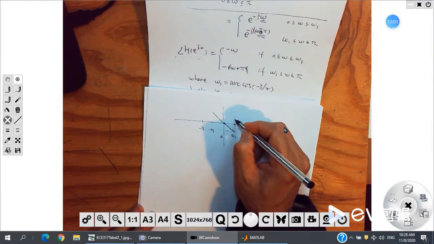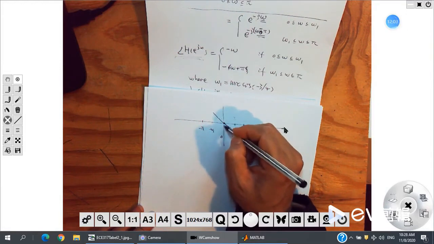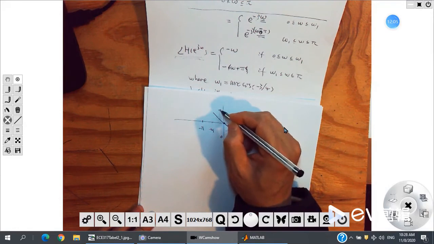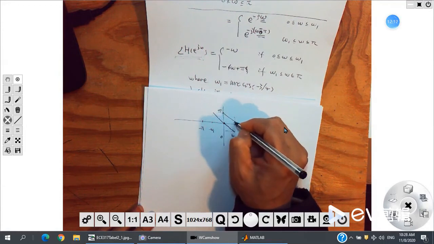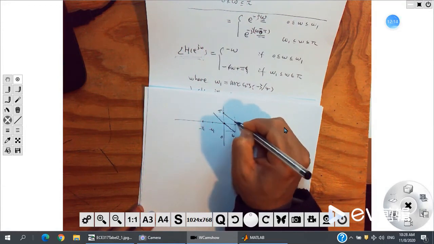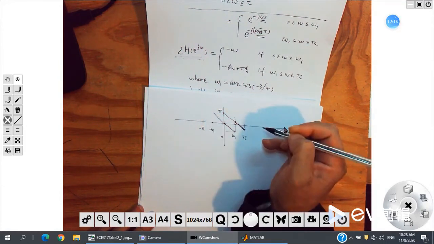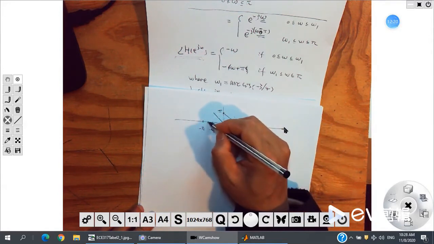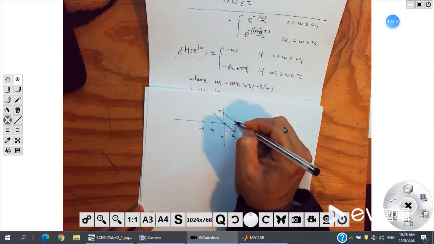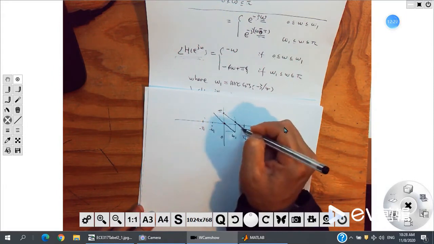Let me see. Omega 0, then pi is somewhere here. Then starting from pi we have slope negative 1, so it's a line like this. So it is a straight line like this, and symmetrically as an odd function, this side will be similar. So this point will go to here, and this point will go to here.